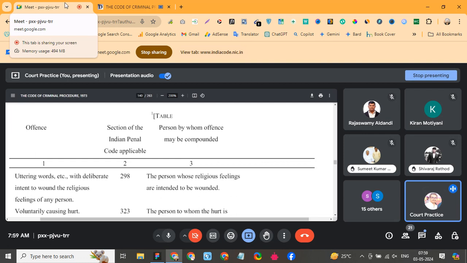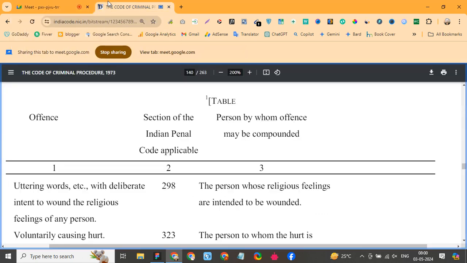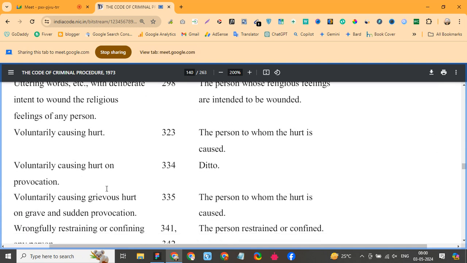Whatever the charges are, they vanish, or you will get a discharge from that section, if such a section is available in the first part of section 320. For example, if voluntarily causing hurt under section 323 is there, and the person to whom the hurt is caused compromises with you, then the court can discharge you from that particular section.